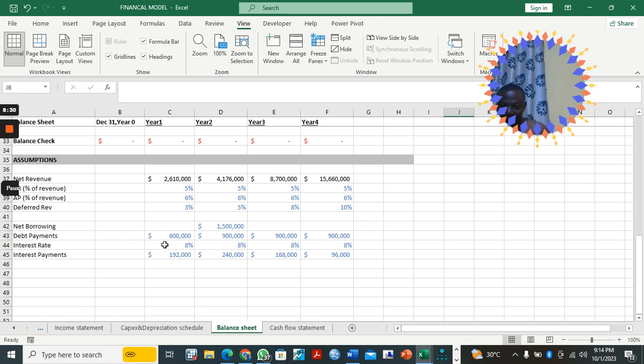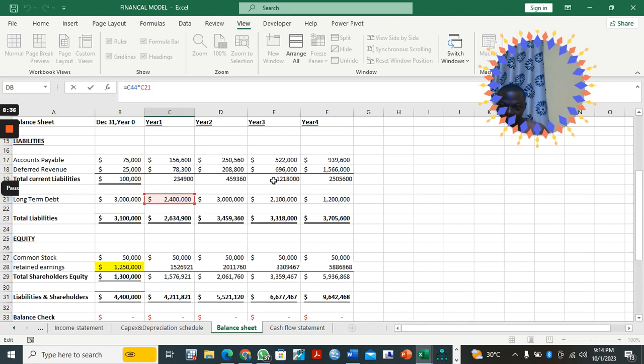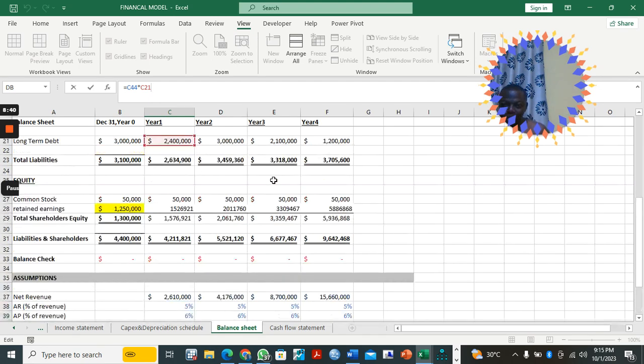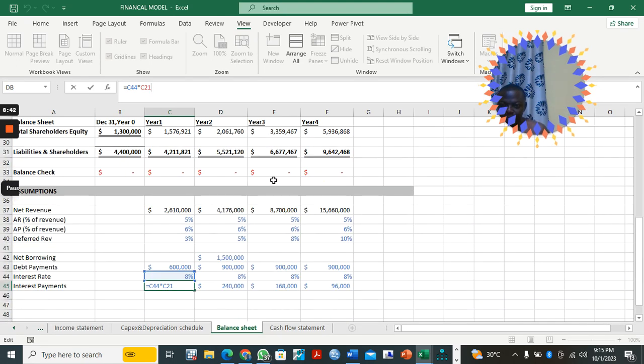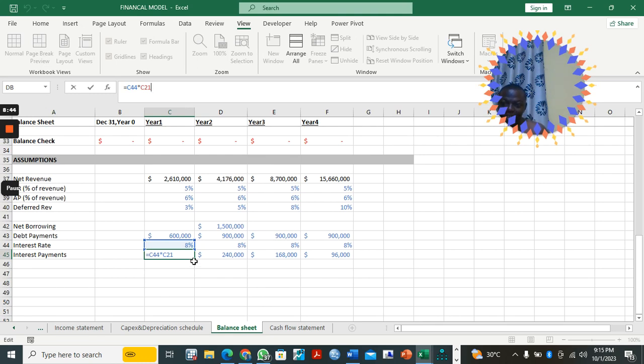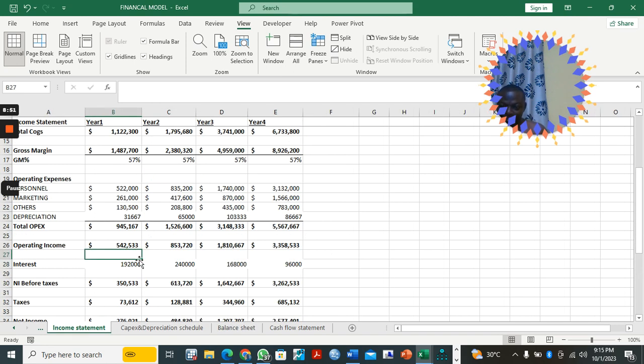To get the interest expense, multiply long-term debt by the interest rate, and you get the interest payment this year.